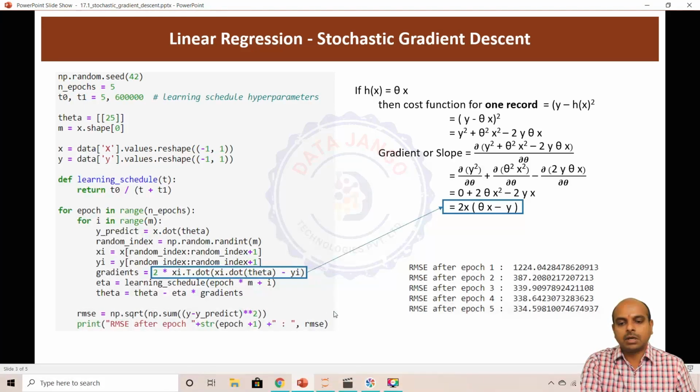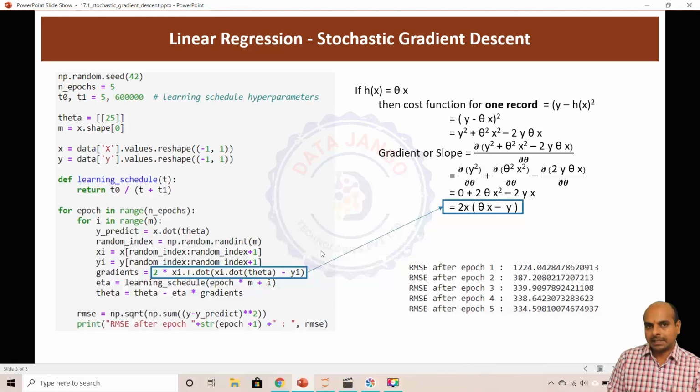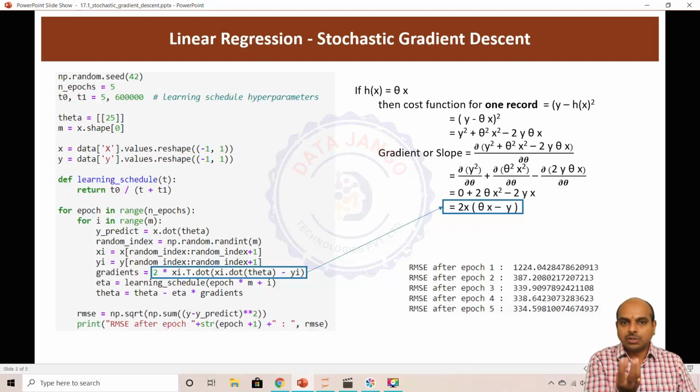So when you look at stochastic gradient descent, it will not always reach the global minimal theta, but it jumps around the global minimal theta. Looking at the parabolic curve of theta and J of theta, batch gradient descent definitely reaches the global minimum, but stochastic gradient descent reaches here and just jumps around. It will not stay in a single place because of the one record at a time processing.